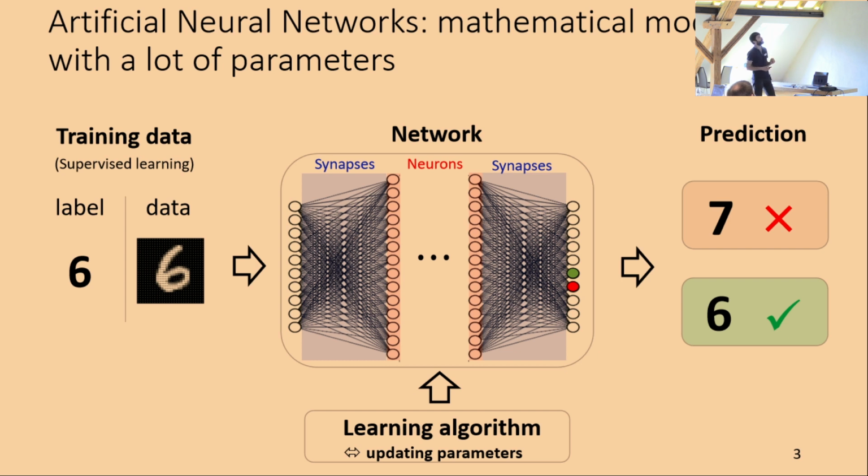Just a quick introduction on what artificial neural networks are. What you have is basically a collection of neurons that are interconnected with synapses. Mathematically, synapses correspond to numbers that are the parameters, and the neurons are nonlinear functions called activation functions.